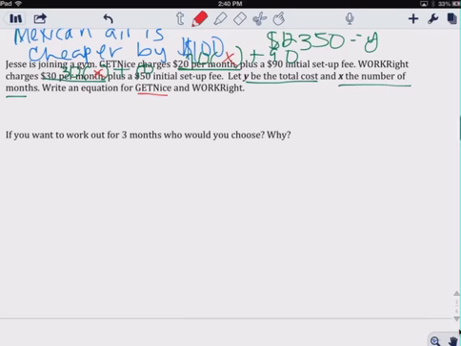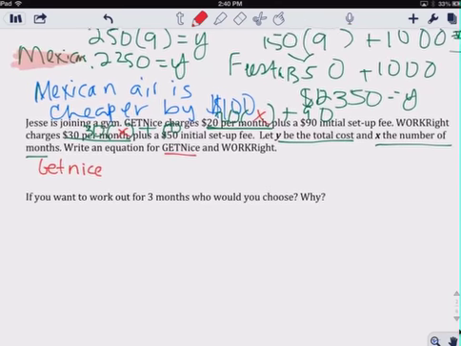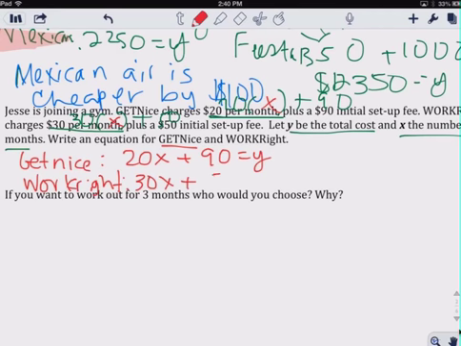Write an equation for Get Nice. Okay, Get Nice is 20x plus 90 equals y, the total, and then Workrite is 30x plus 50.